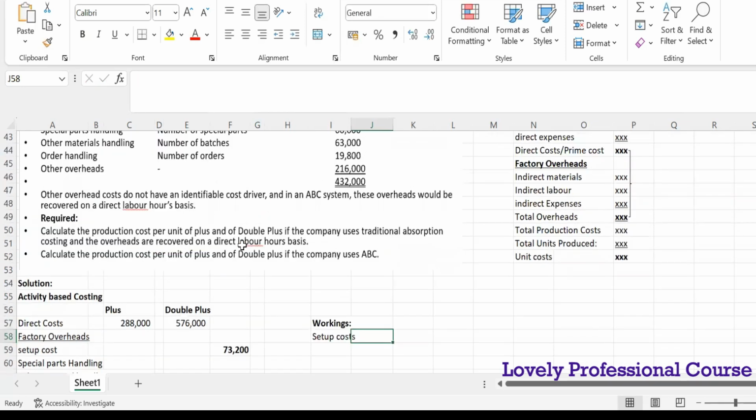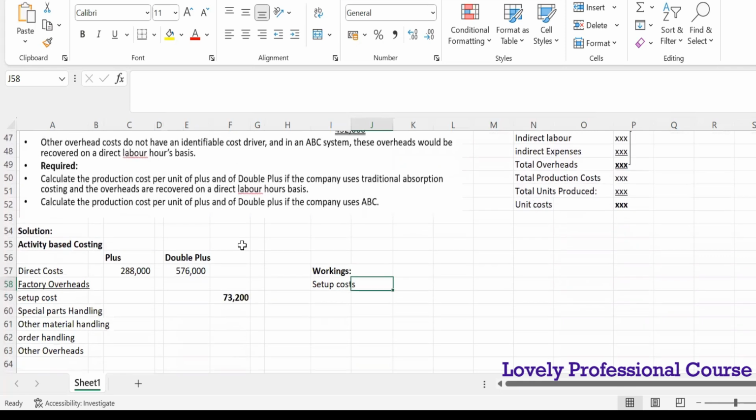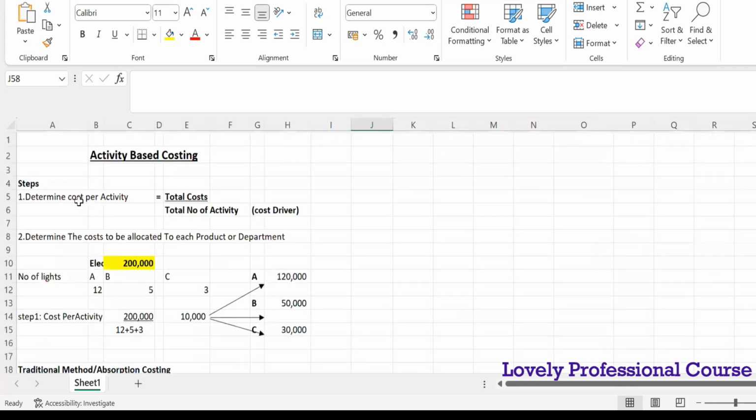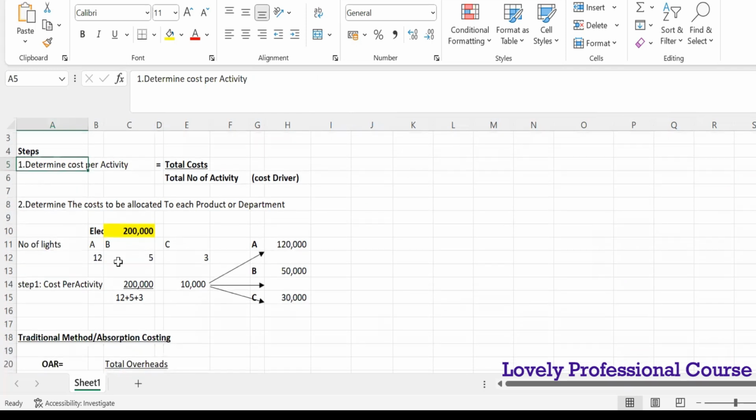Remember the 2 steps we said: determine cost per activity, then you do allocation. How do you determine cost per activity? You say it is total cost divided by the total number of activity. Then when you do allocation, you use these cost drivers. You use this total number of activities to come up with the cost per activity, sometimes called the cost driver rate.